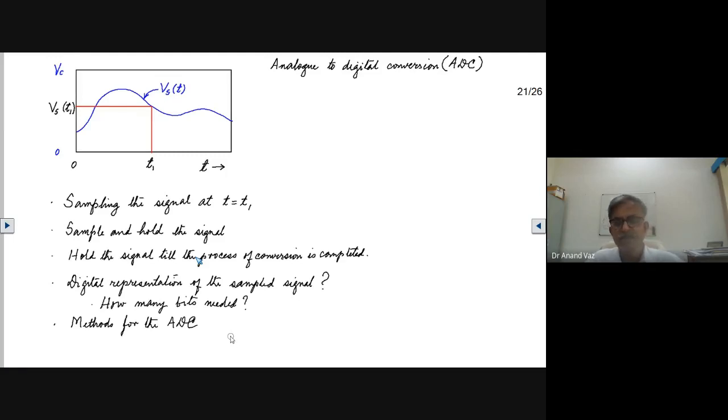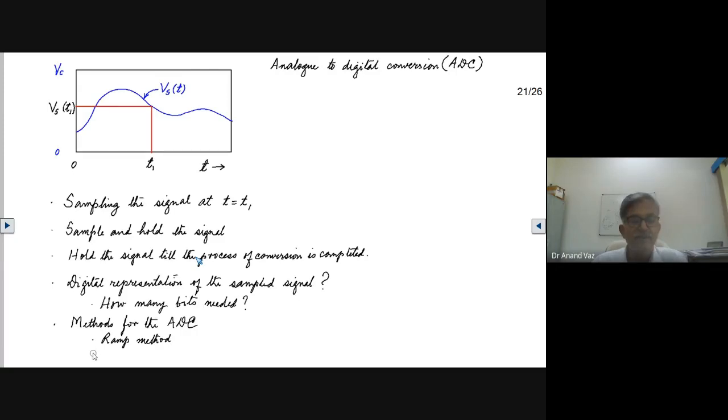You have several methods. We will see just a few of them just to give you an idea. We'll start with the most simple one, which is called the ramp method. It's just a slope integration method kind of, but we call it the ramp method. And it will be clear to you why we call it the ramp method shortly.